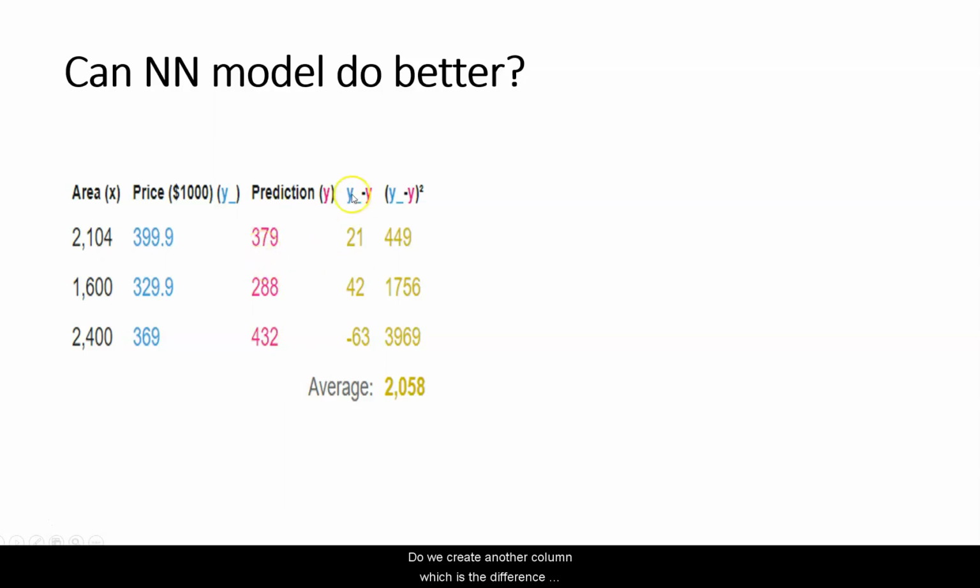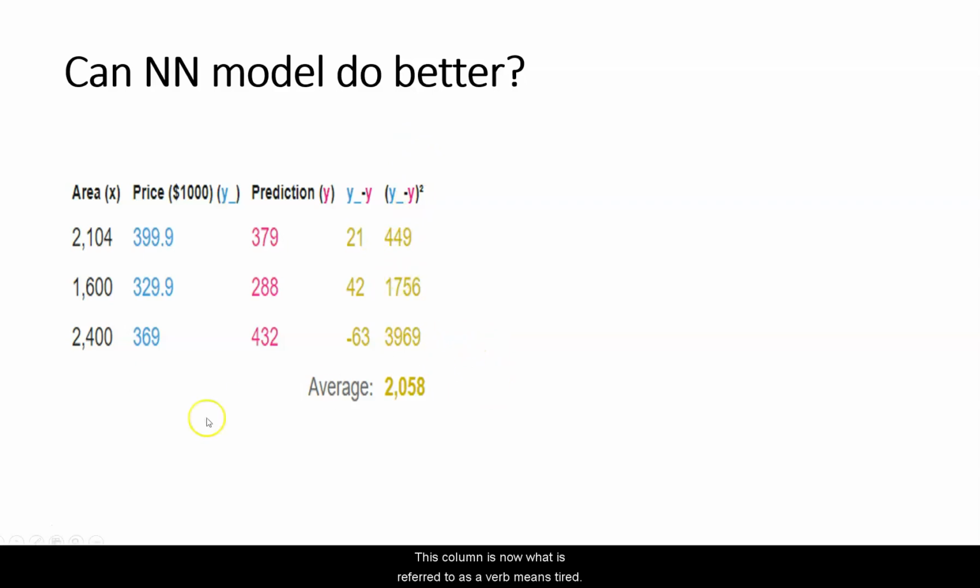Now we create another column which is the difference between the actual value of Y, which is this, minus the predicted value of Y. And based on that, we get these values in yellow. Now, as you can see, there are some positive values and some negative values. So what we do is just find the square of those values.